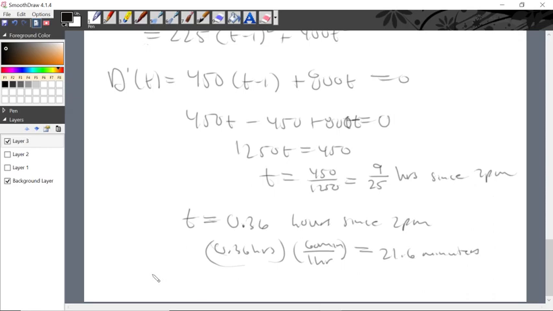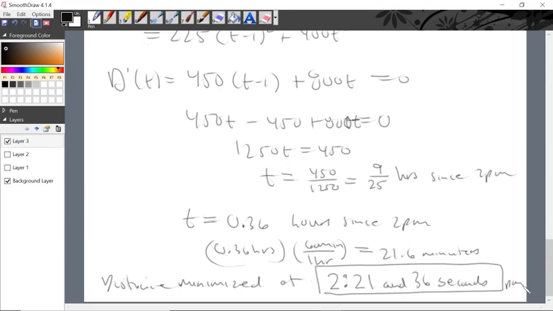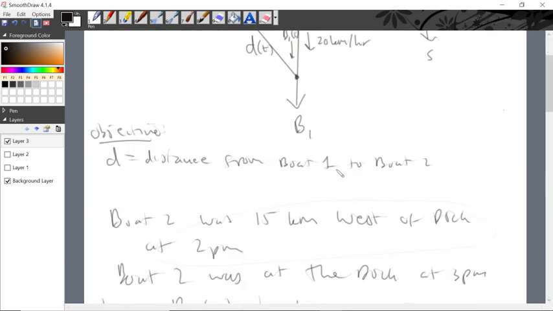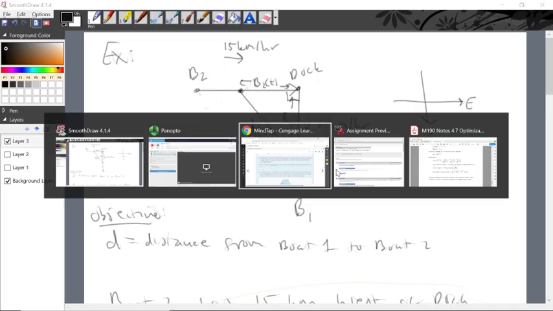So the distance was minimized at 2:21 and 36 seconds. There you go, that's the time when the distance between the two boats was minimized.